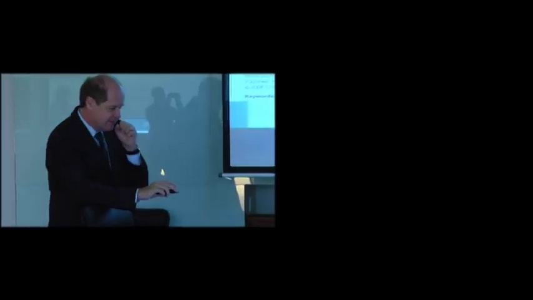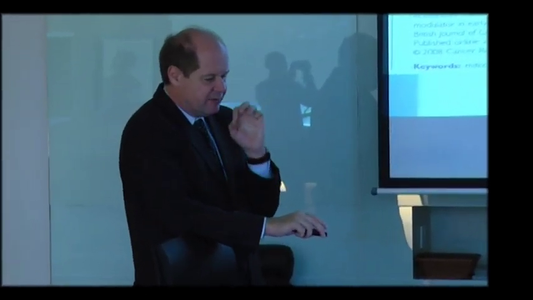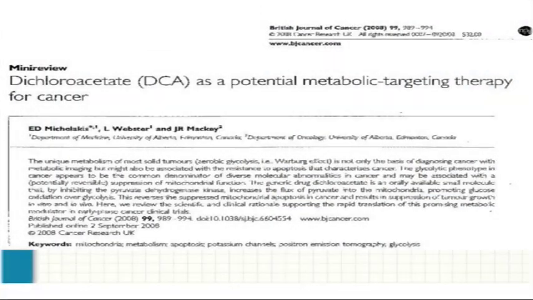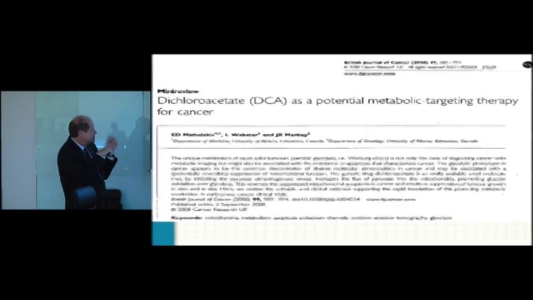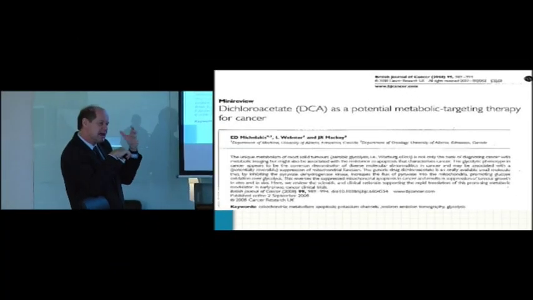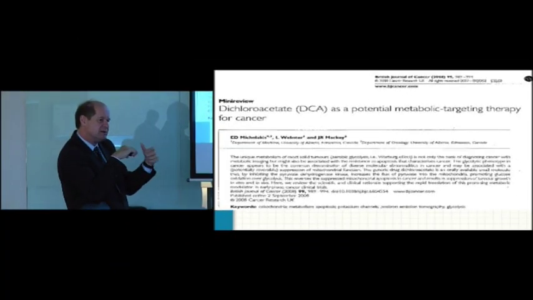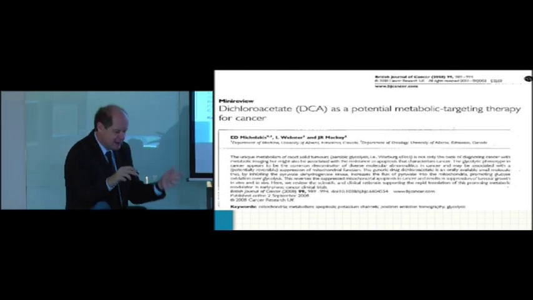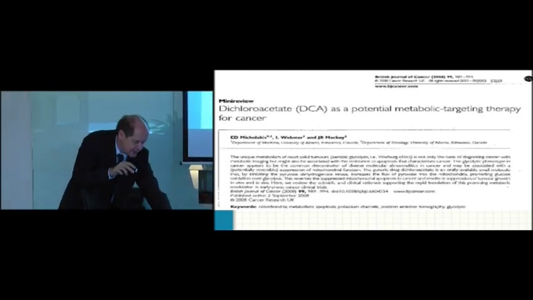One of the molecules, and this is also part of our protocol, which I will explain to you in a second, is called dichloroacetate. And this molecule has a very potent ability to normalize this lactate formation and tumor-related acidity. How does this work?